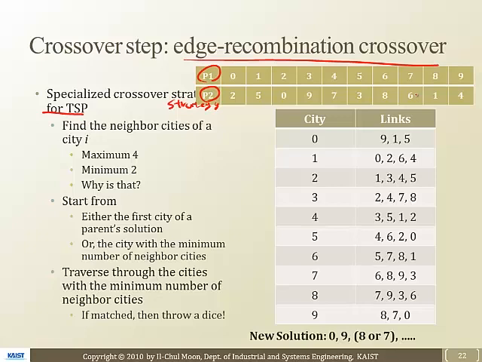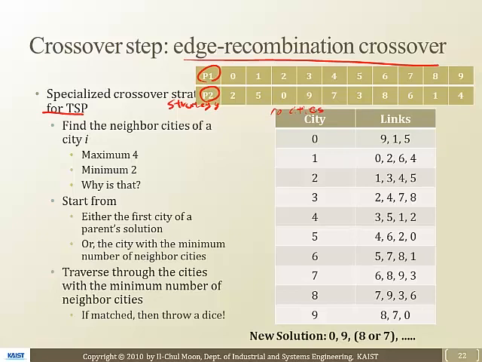How it works looks like this. So obviously we have 10 cities. 0, 1, 2, 3, 4, 5, 6, 7, 8, 9 city. 9 means that we have 10 cities here.